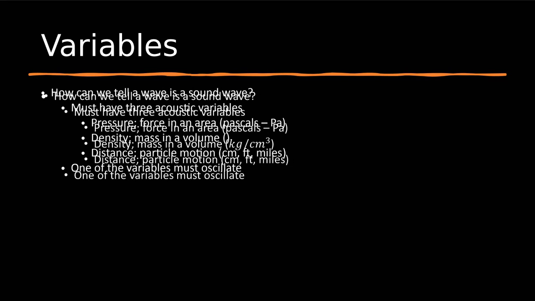Typically that movement while that sound wave is traveling a distance is going to be the variable that oscillates. Our density isn't really going to change. Our pressure sometimes can change, but usually our distance is going to be the path where that sound wave can oscillate, right? Because we have the space for it to vibrate back and forth.